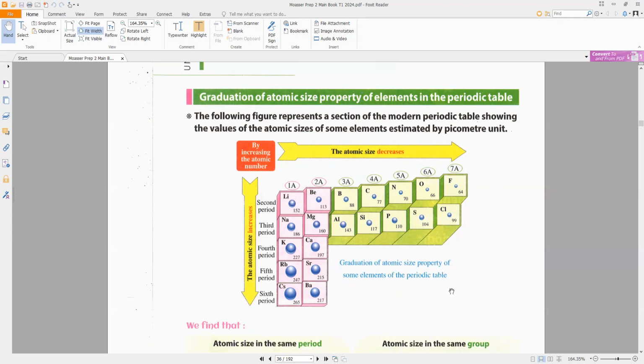What is the main element that has the smallest atomic size? Fluorine. We see fluorine has the smallest size in the modern periodic table because in the period the size decreases and in the group the size increases. Cesium has the largest element size. Fluorine has the smallest element size in all the modern periodic table.